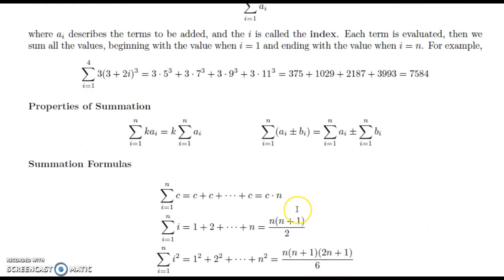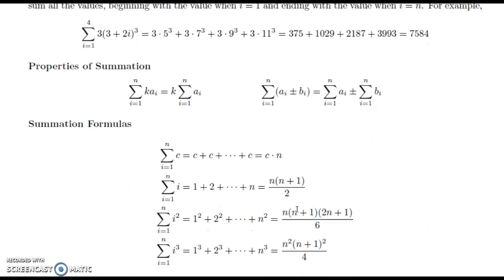There are advantages of using sigma notation. First of all, when you multiply a number k to each term, you don't have to do it every single time. You can just pull it out of the sum, take the k out, add up the smaller numbers, and then multiply by k.